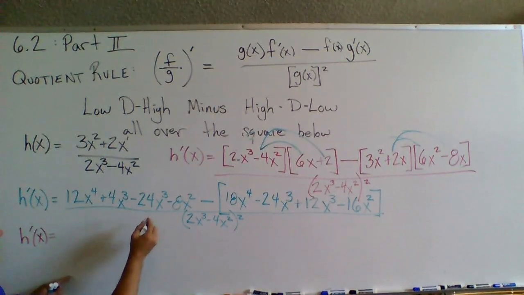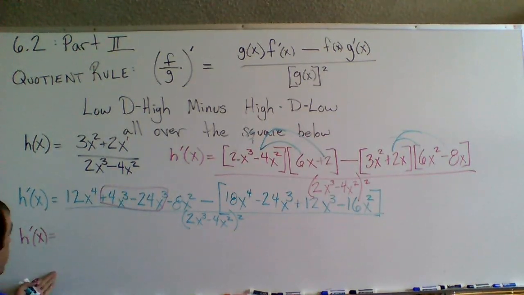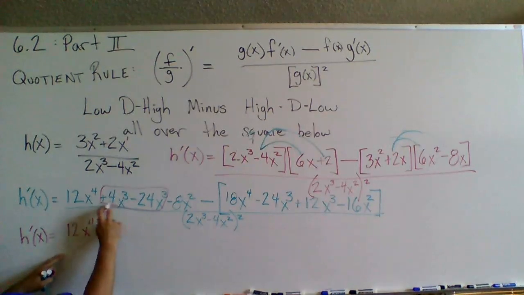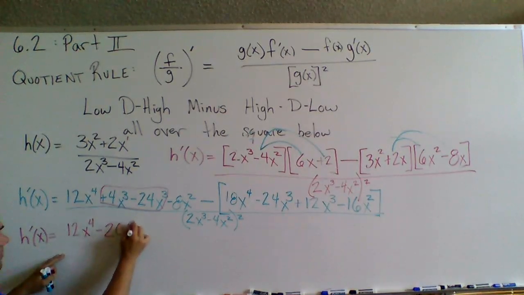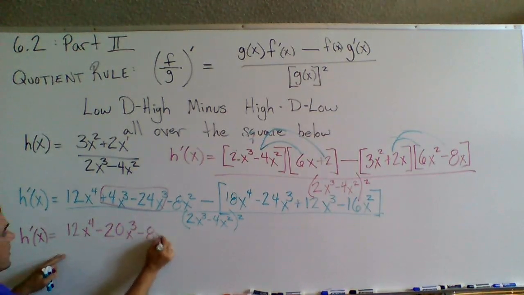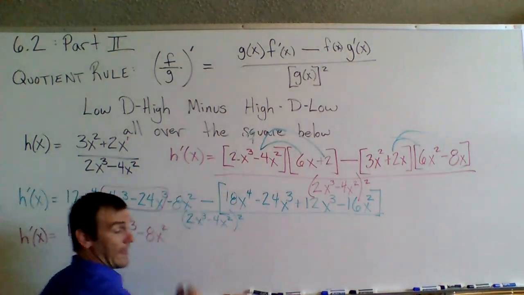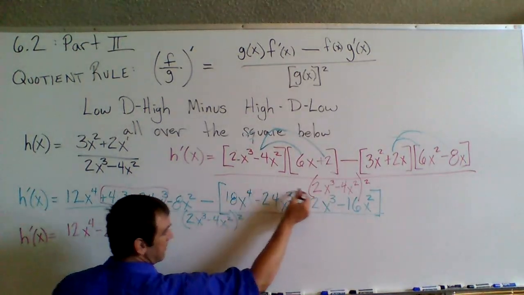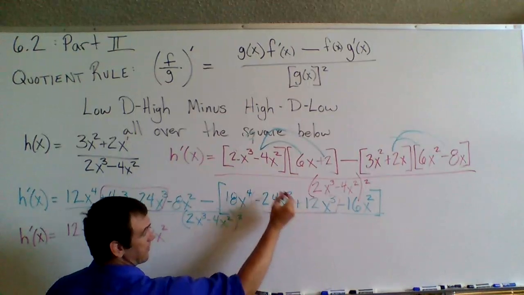Alright. So, when I do this, I'm going to combine like terms right away here, just because I see that those are like terms. So I have a 12x to the fourth. 4 and negative 24 is going to make a negative 20x to the third. Minus 8x squared. Alright. You got a couple options. We could distribute this negative right now. I'm going to try to combine these. So that's going to make a negative 12x to the third.